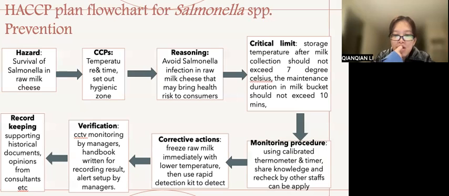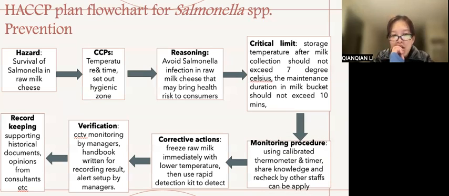And second to last is the verification. It needs to verify whether those measures are proper. And the last is the record keeping. So you need to record to make sure there's no next outbreak.